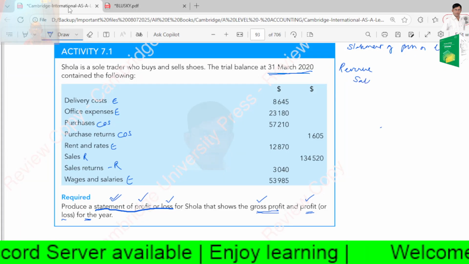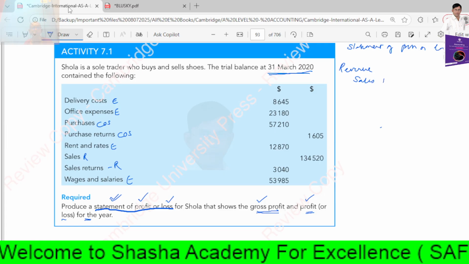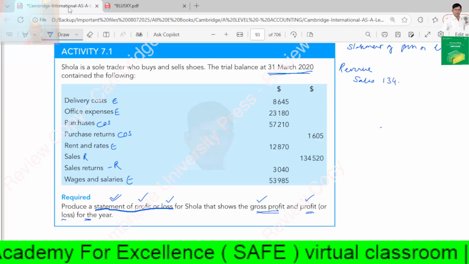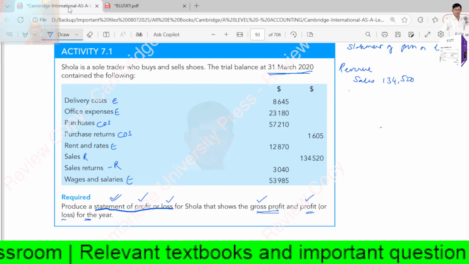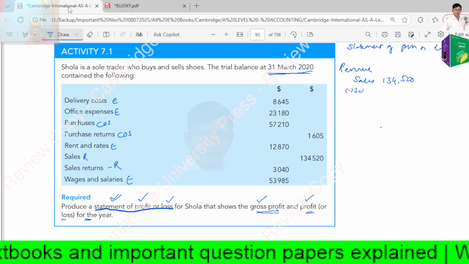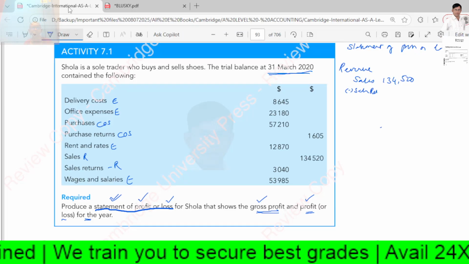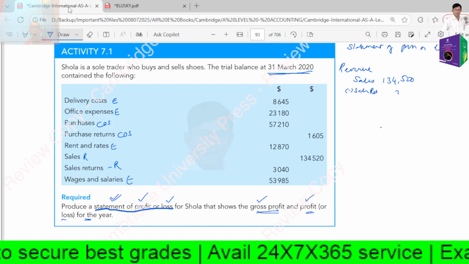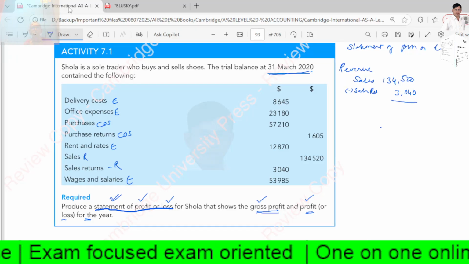Sales. Sales is 134520, less sales returns. Returns are 3040. What is revenue? So this minus this.